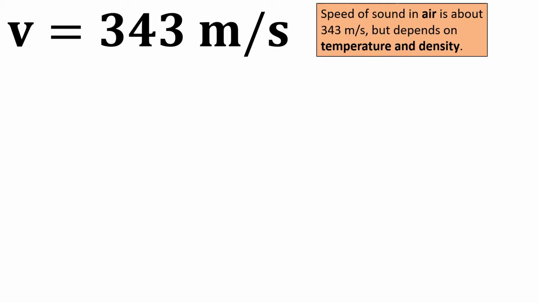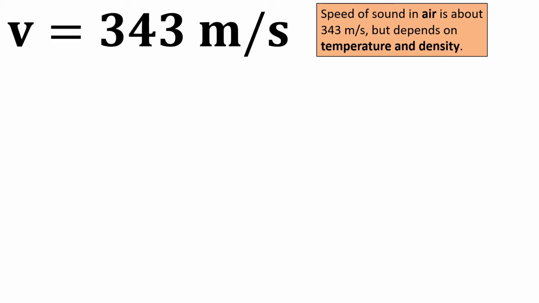But there are things that affect the speed of sound. What the sound waves are traveling through is important, the temperature is important, and the density is important. So the 343 meters per second is the speed of sound in air at normal temperature and density conditions.